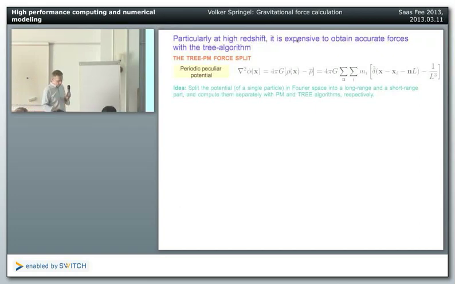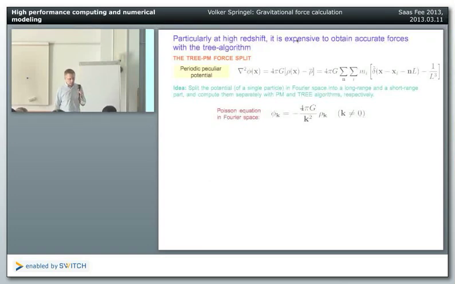We have seen this, but the problem is we can't find enough mesh to get all small scale details. But maybe we can separate off these small scales, and that's the idea in the TreePM algorithm. So we go to Fourier space, and if you Fourier transform this equation over there, due to the periodic boundaries, this becomes really simple in Fourier space.